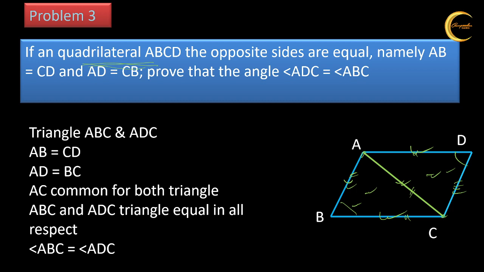So we can say triangle ABC equals triangle ADC in all respects, meaning all three angles are equal with the corresponding angles of the other triangle. So we can say very easily that angle ABC equals angle ADC.